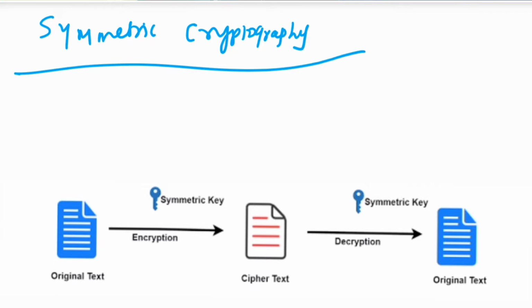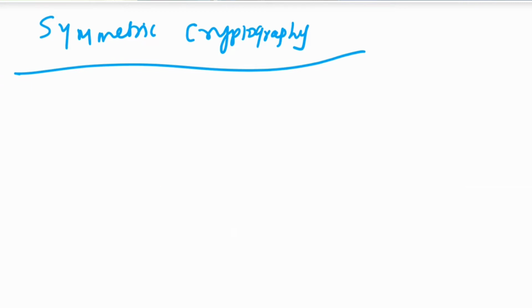If 10 people needed to communicate securely with each other using symmetric keys, then 45 keys would need to be kept track of. So say if you have 100 people who are going to communicate, then you require 4950 keys, and that many keys means a lot of computing will be involved.